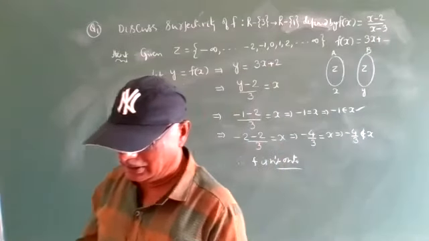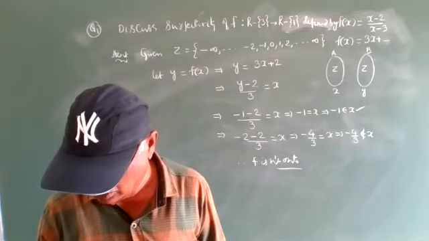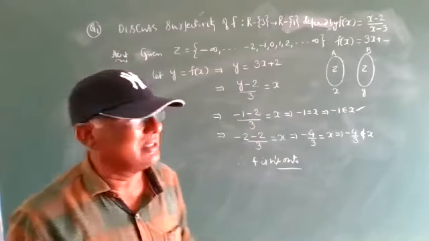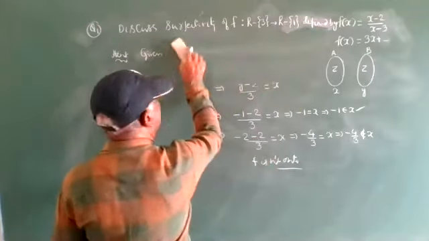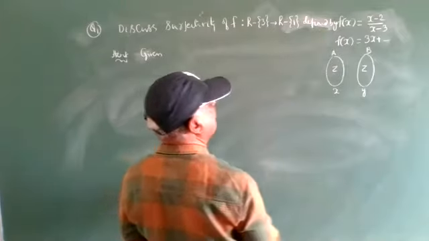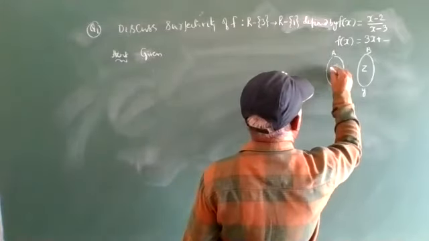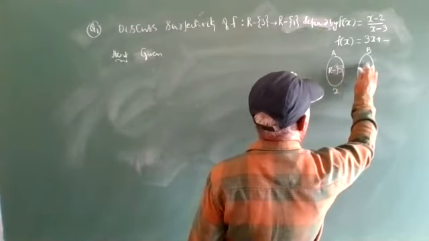Everyone observe, is it onto or not onto? We can observe. Here, in the A set, real numbers without 3, don't substitute 3. Here real numbers.